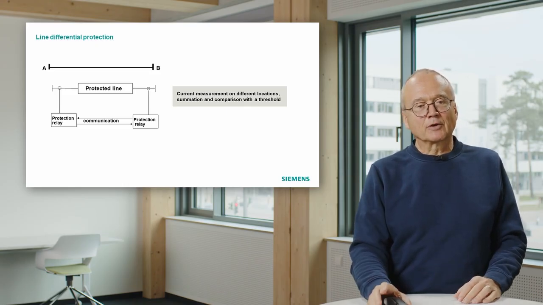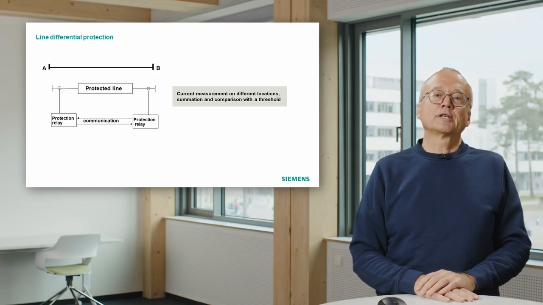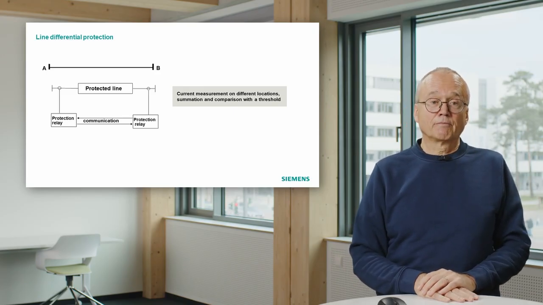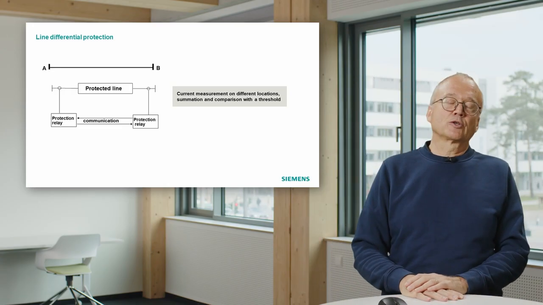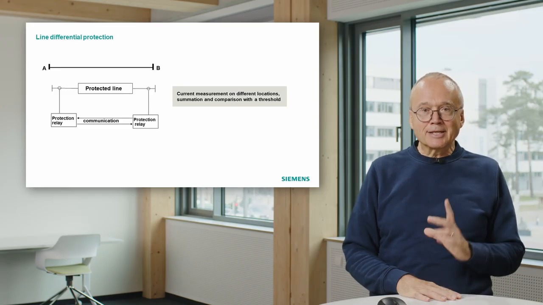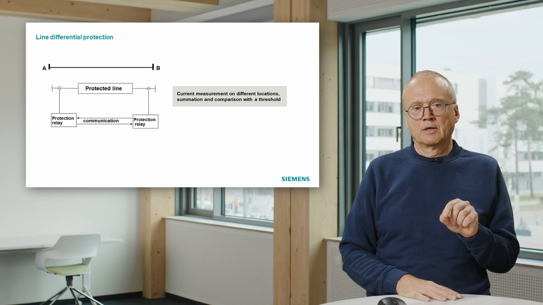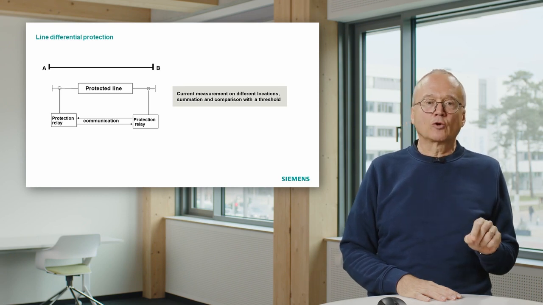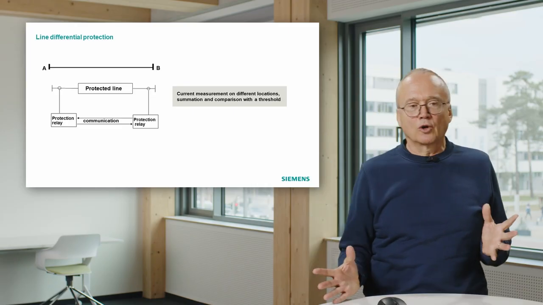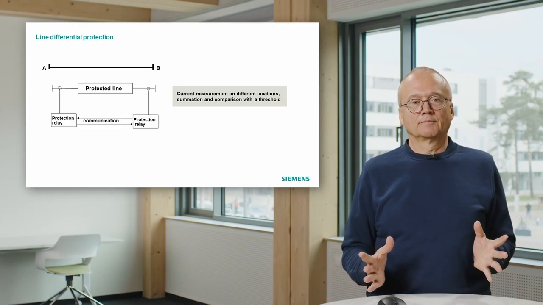That means a differential protection, a differential line protection always needs communication between the two or even three devices if we have a three-terminal line. And this communication, and that is important, is part of the protection system. It must be a reliable communication, because as soon as the communication fails or something goes wrong there, this protection doesn't work any longer.